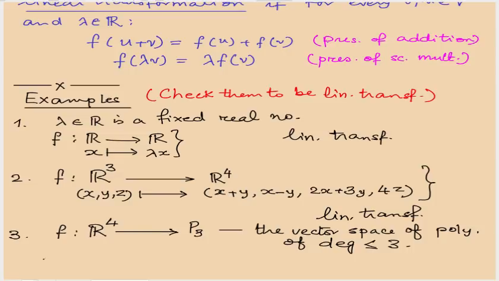And what is F? Well, let's not write it in this way because our indeterminate in polynomials is usually x. So let's say this is a plus bx plus cx squared plus dx cubed.